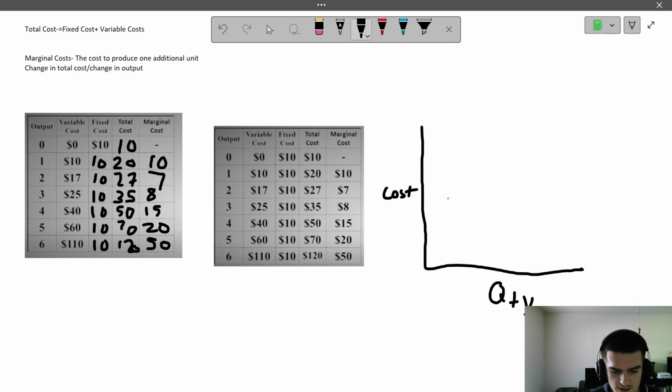So it starts here. It decreases as we produce the first few units, and then as we produce more and more, our marginal cost increases. So that's how you would graph marginal cost.